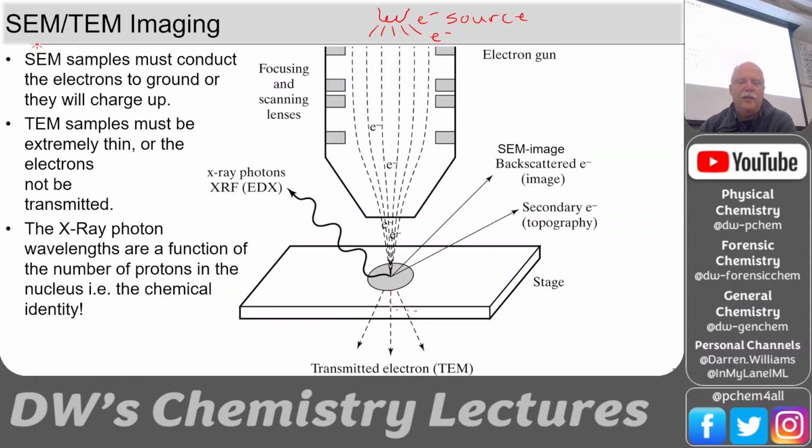If they go through the sample, if the sample is really narrow, then we can get transmitted electron microscopy, TEM. If they bounce off, we can get backscattered electrons, and we can get an image that way too if we scan or raster the beam across the top. And then the electrons can scatter off. So you've got a nucleus here, and you've got electrons in the core. We'll just use the Bohr model to show our little electrons.